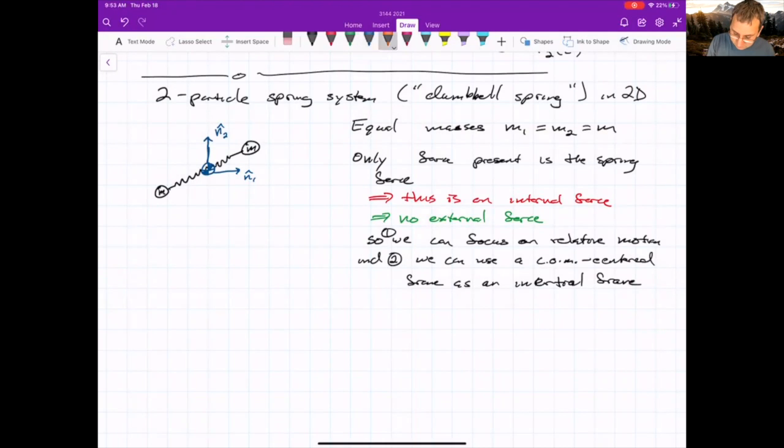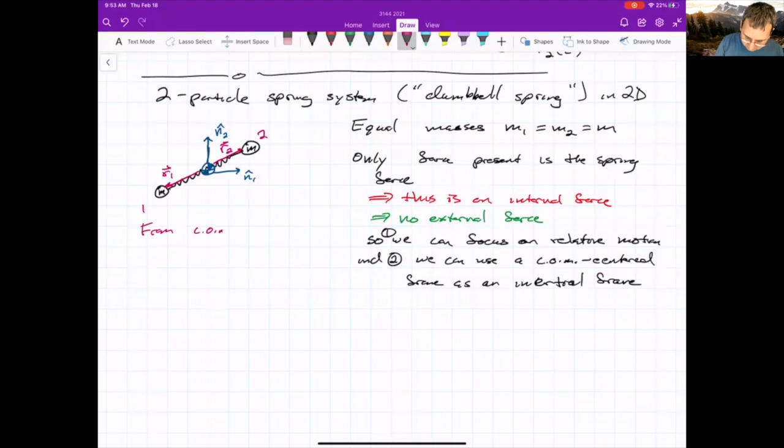I could write the vector R2. I'll call this particle 2. This is particle 1. They don't really need the M's anymore. This is just 2, and this is 1. So here's R2, and here's R1.